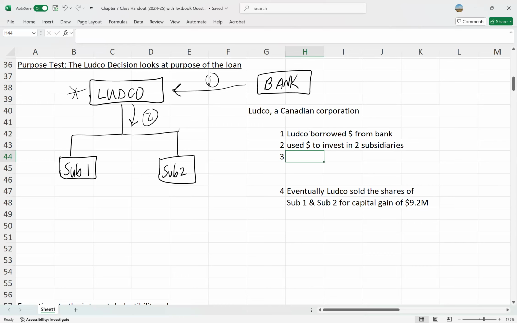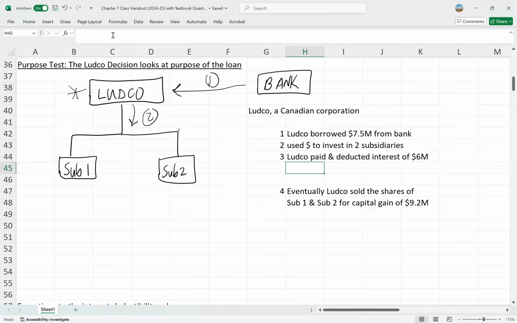Over the years that this loan was outstanding, and the loan was a $7.5 million loan, Lutco paid and deducted interest of $6 million. So the loan was outstanding for a number of years.